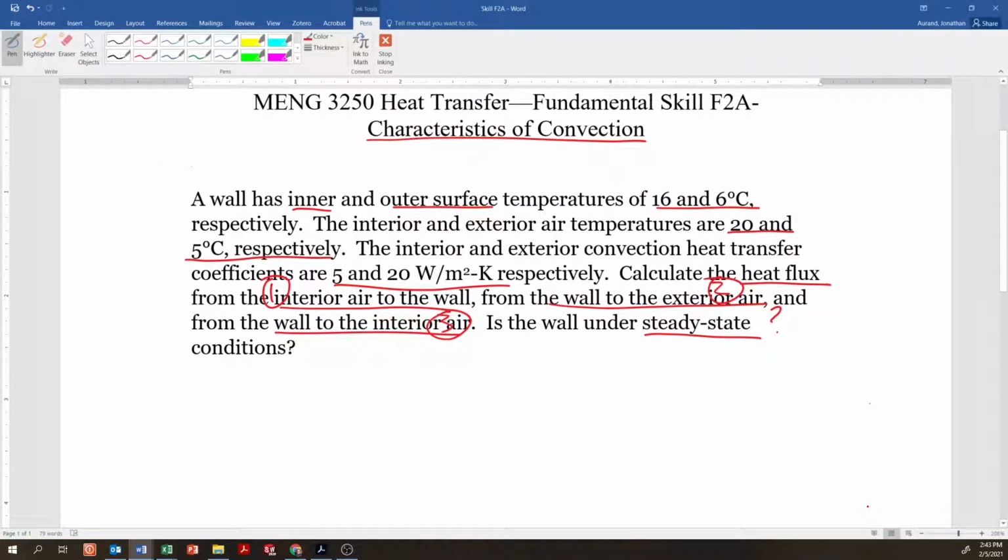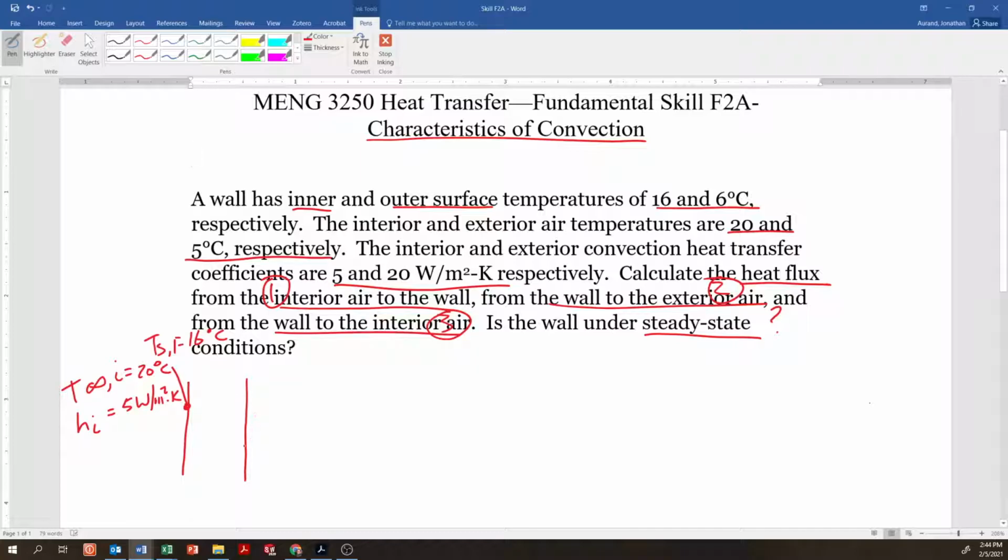So what does this mean? What are we going to do here? We might want to sketch this out. So I'm just going to put a little sketch over here. I've got an inside surface temperature, TS1, that's 16 degrees C. T infinity I is 20 degrees C. HI is 5 watts per meter squared Kelvin.